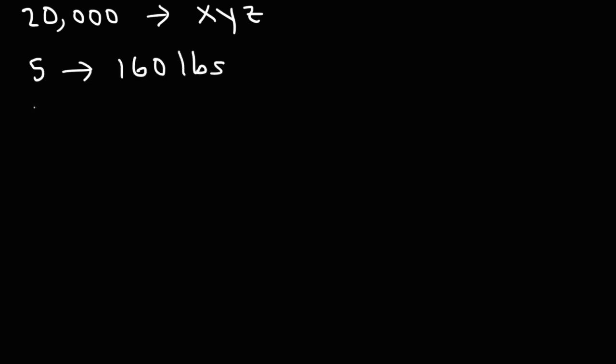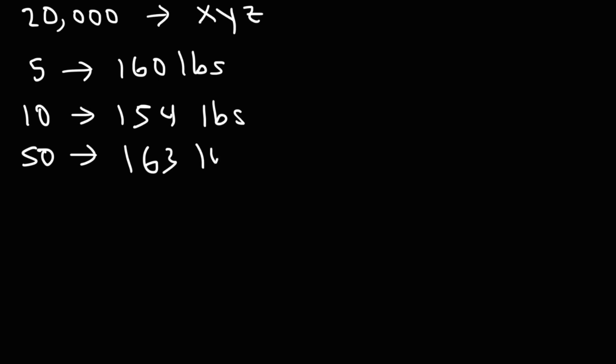Let's say if you take 10 individuals and you measure their weight. The average weight might be 154 or something. Now let's say if you measure the weight of 50 individuals, that number is going to change. It might be 163. And let's say if you measure the weight of 100, that might be 161.